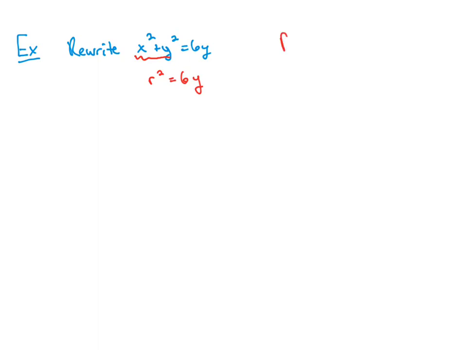Polar form should only have r and theta, no x's or y's. So we need to take care of that y. Well, y we can rewrite as r sine of theta. So r squared is equal to 6 times r sine of theta.